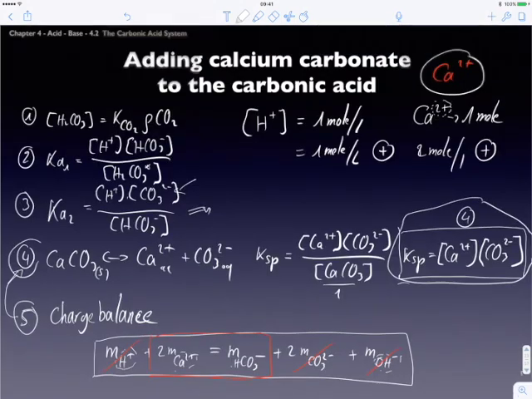To do that, you're going to use equations 1 and 2, because we already did that substitution before, of the carbonic acid with this equation here.